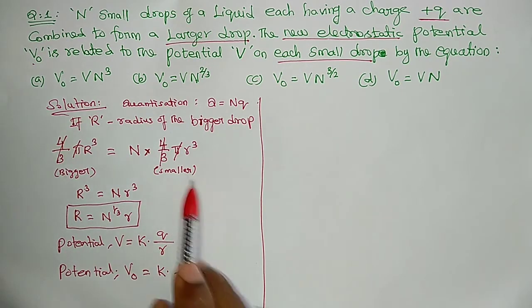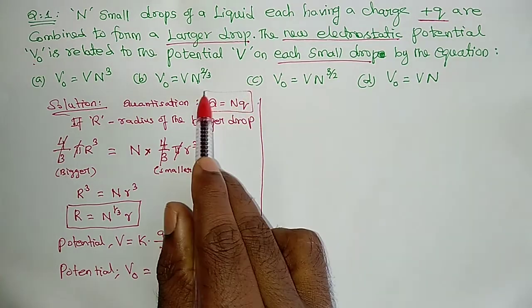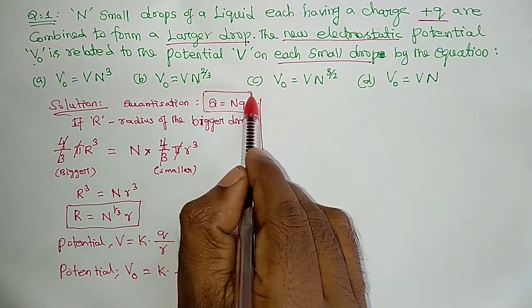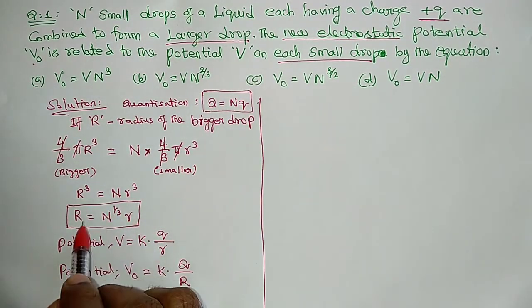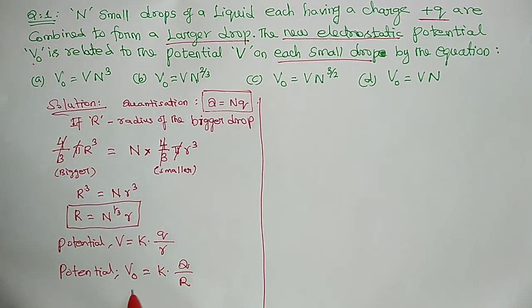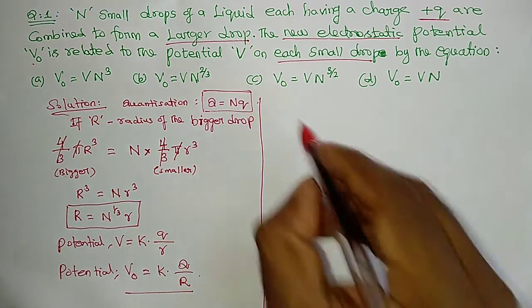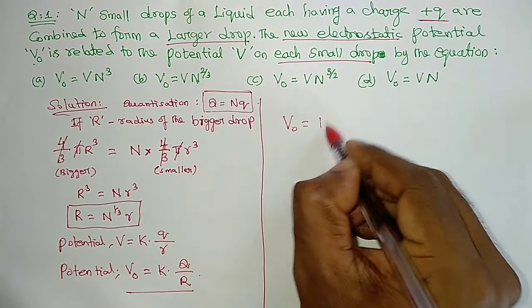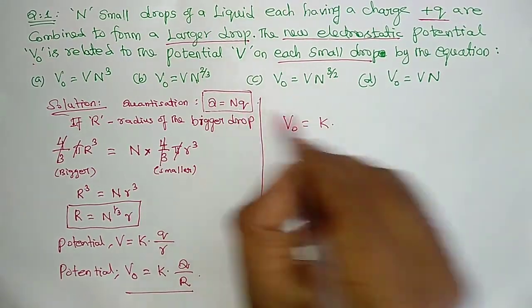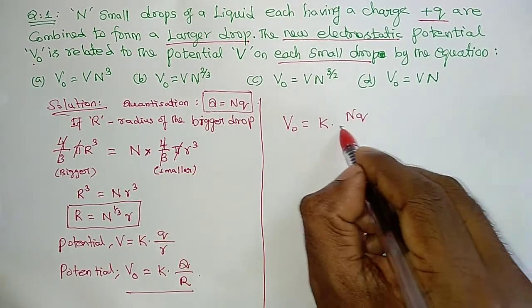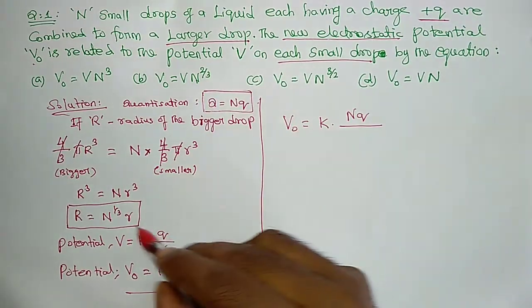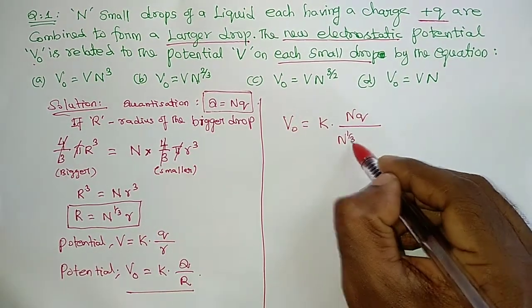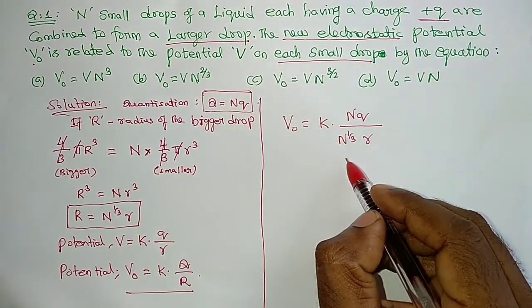Now we substitute the value of Q, which is equal to nq, and R is equal to n power 1/3 into r, in the new potential. So V0 becomes K into nq divided by n power 1/3 into r.